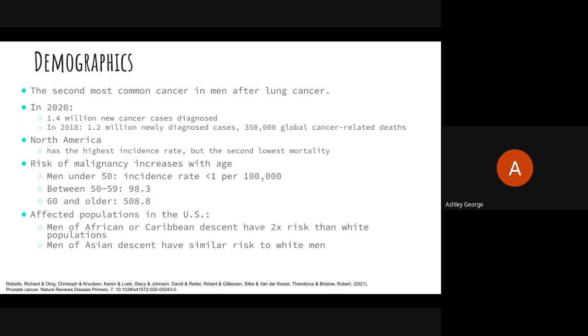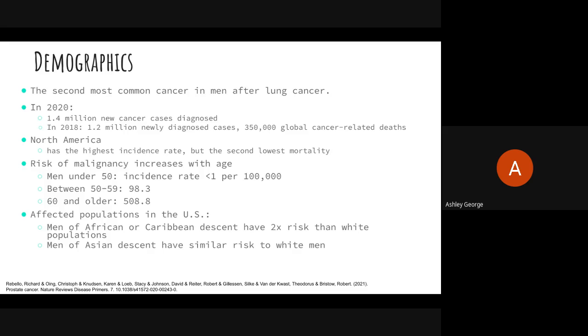North America does have the highest incidence rate, but it has the second lowest mortality rate. There were other continents like Africa that have higher mortality rates due to differences in treatment and availability and access to healthcare and treatments.